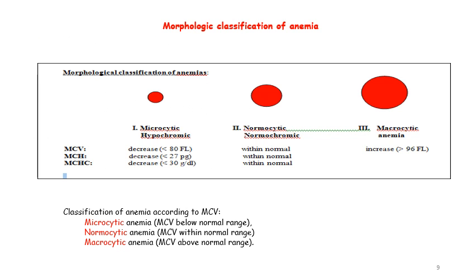According to the MCV, the red blood cell can be either microcytic with MCV below the normal range, normocytic with MCV within the normal range, or macrocytic with MCV above the normal range. So, according to the MCV, the anemia can be classified into these three subtypes, either microcytic, normocytic, or macrocytic anemias.